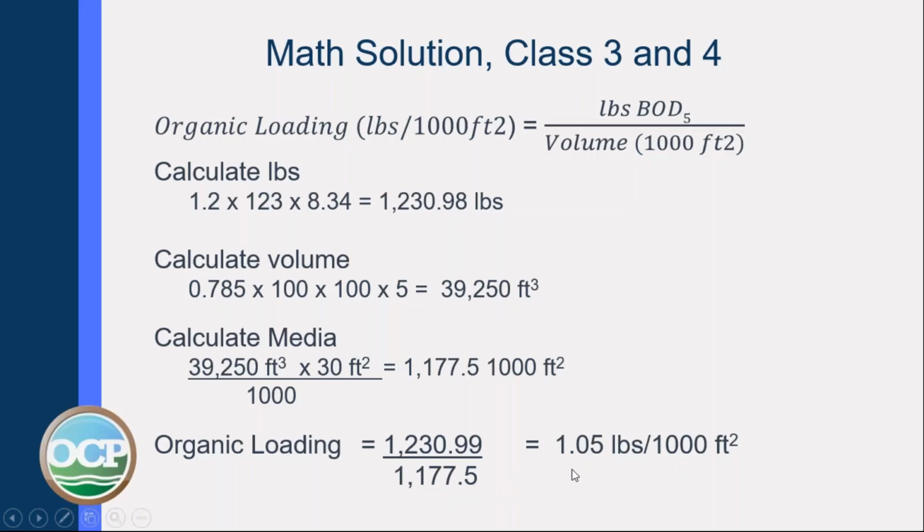And your organic loading for this filter would be 1.05 pounds per 1,000 square feet of media. So 3s and 4s, read the question carefully.